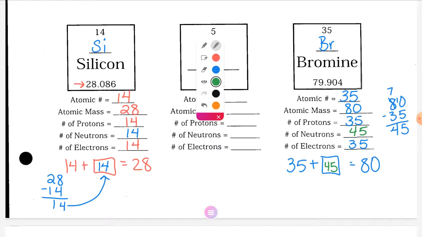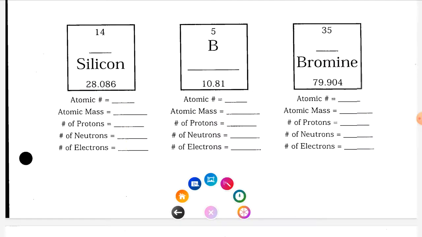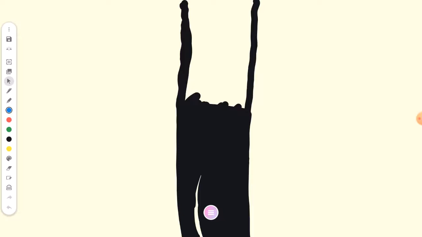What's the title of our paper? Atomic Models. What we're doing on the atoms family worksheet goes directly with drawing the atomic model.